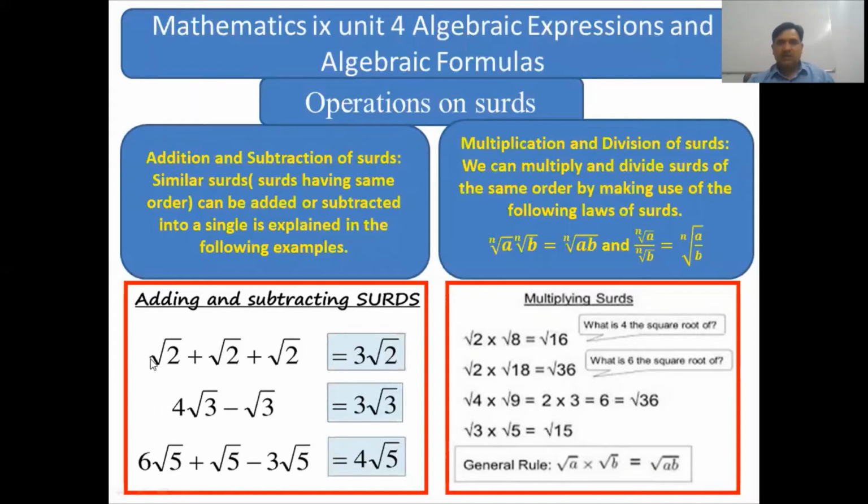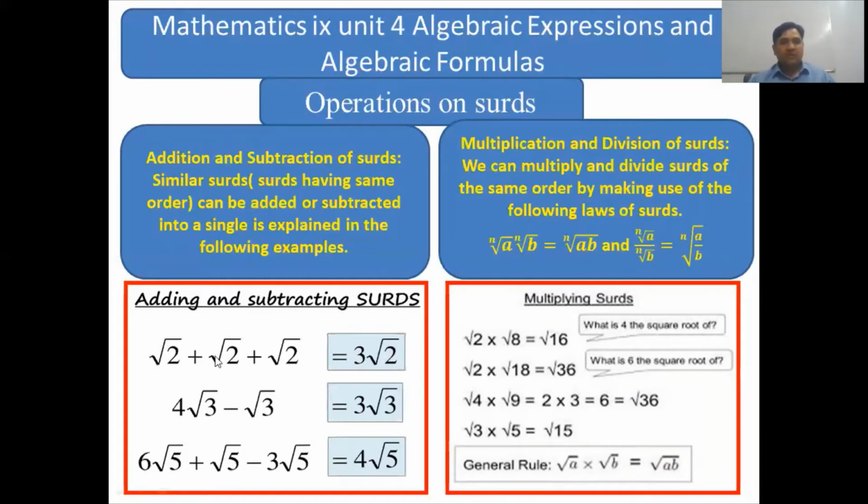When we take a square root, it means the surd is of order 2, and this surd is also known as a quadratic surd.